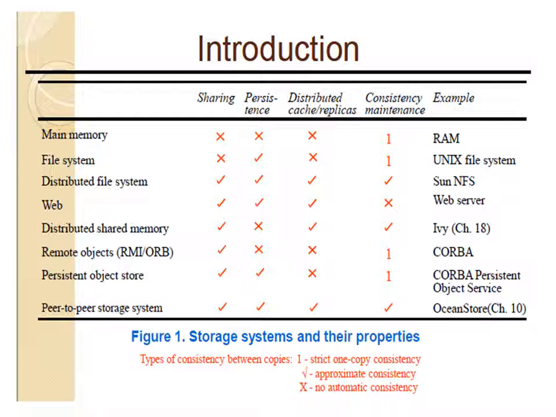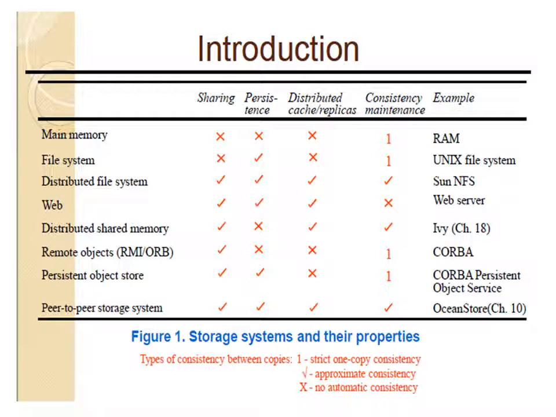And the fourth one, web. The information in the web can be shared and it is persistent, and distributed cache will be there, but there is no consistency maintenance in the web. An example is a web server, where the websites are stored.